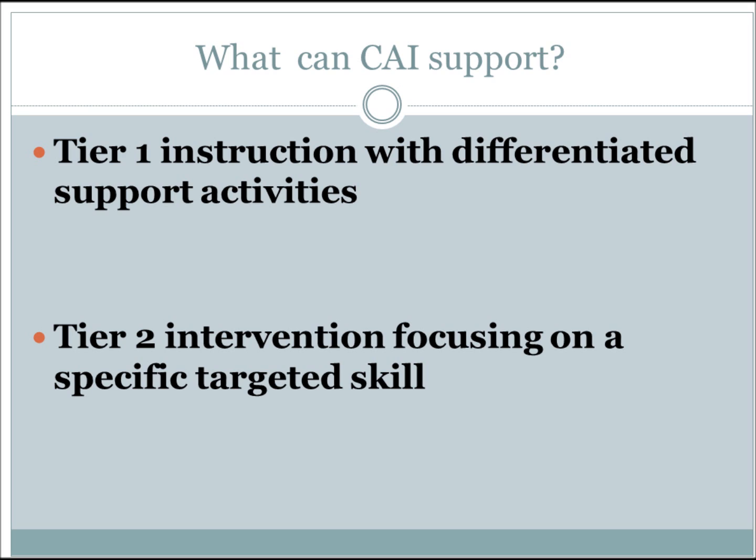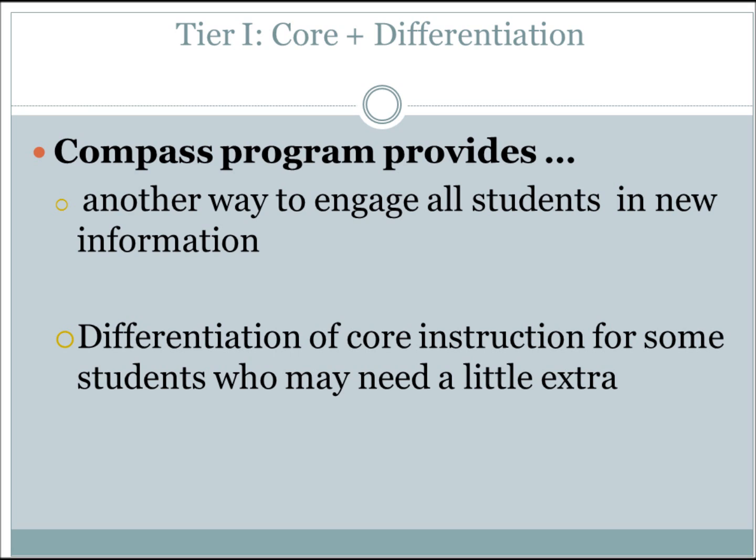It can support you at Tier 1, which is whole group. All students receive the same type of learning at the same time, and you can differentiate a little bit. And also at Tier 2, when you're setting up an intervention with specific targeted skills for the student. Now, how you can use Compass in Tier 1.